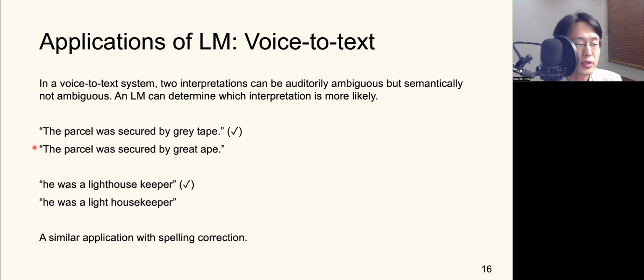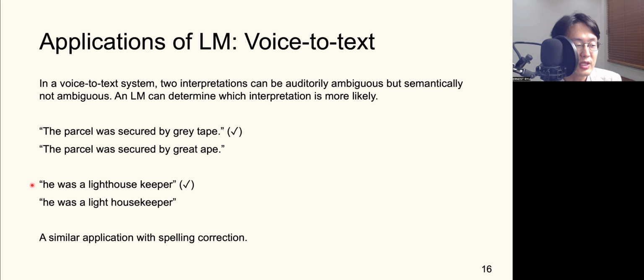Sentence number two: the parcel was secured by grey tape. I would argue that these are auditorily ambiguous, but as a human you would always pick out the first interpretation, because obviously the second doesn't make any sense. Without any conscious thought, you hear the voice as the first sentence.